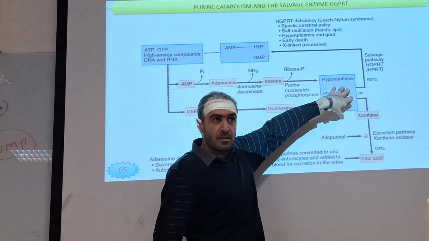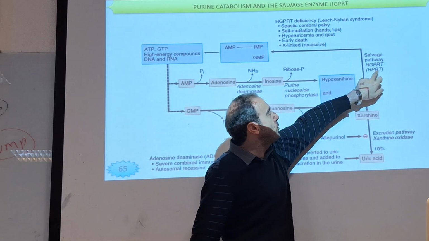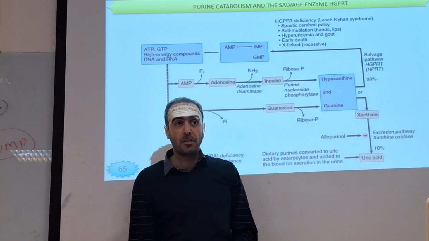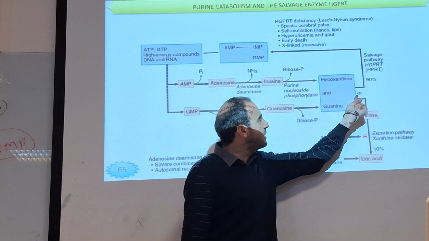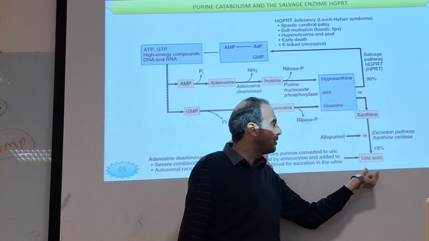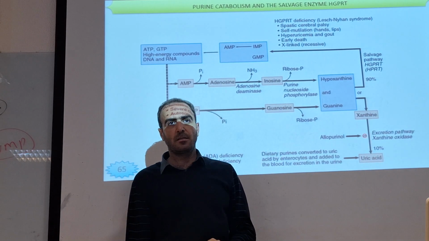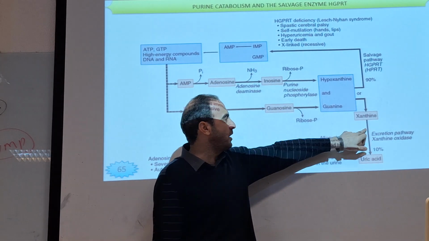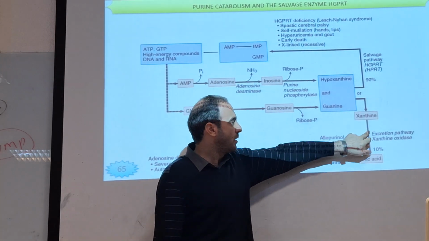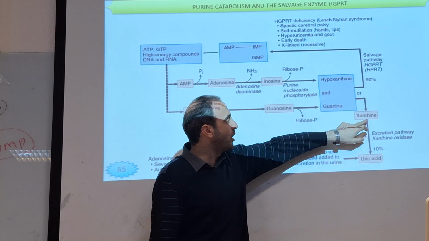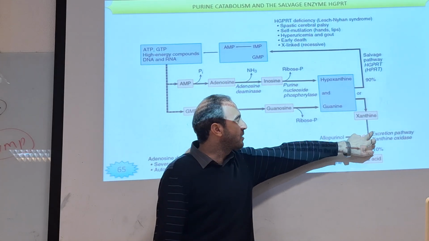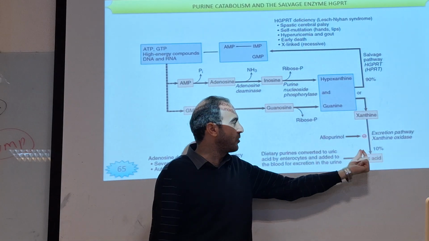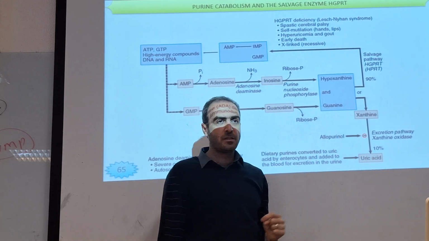90% of these bases are salvaged by this enzyme. 90%. And just 10% go to uric acid. So if we have a dysfunction in this enzyme, actually uric acid is decreased. But if we have xanthine oxidase, uric acid is increased; allopurinol inhibits it.